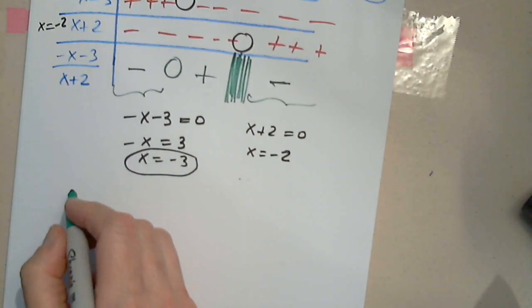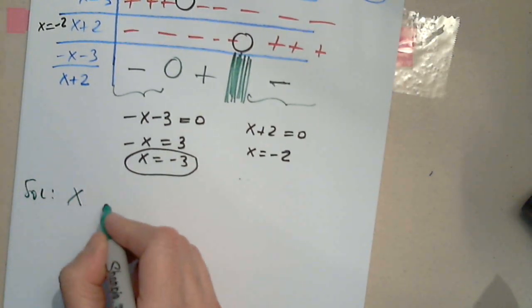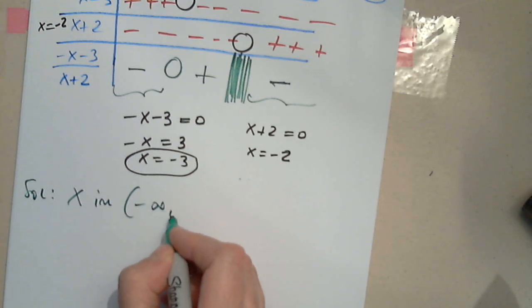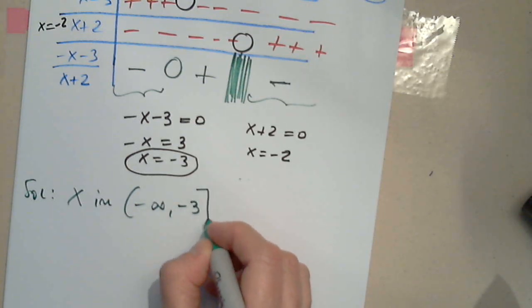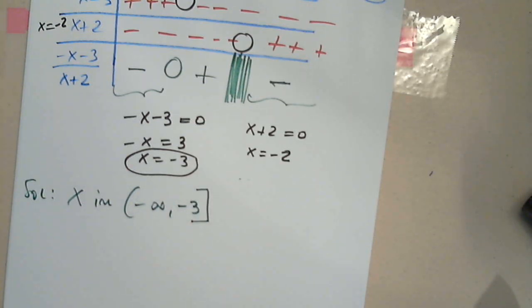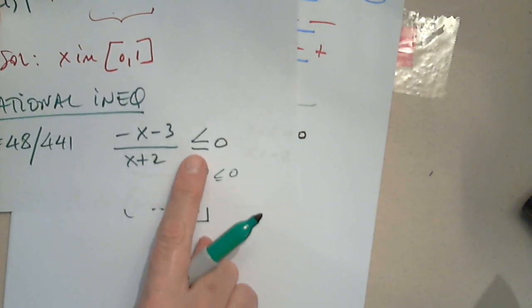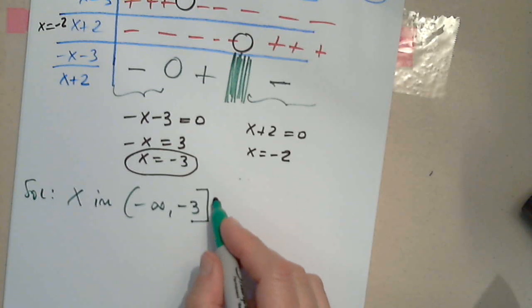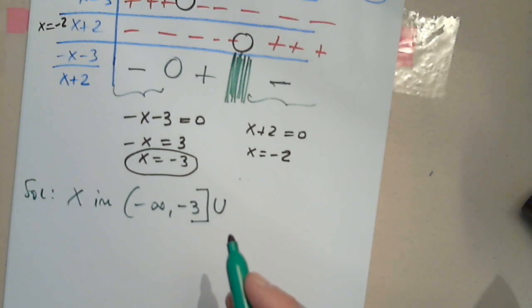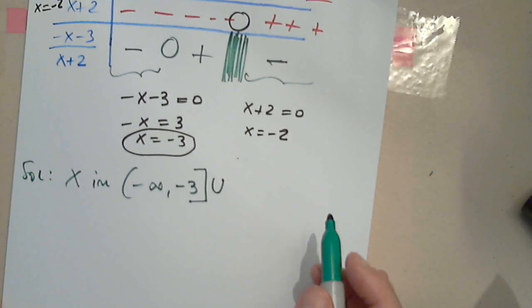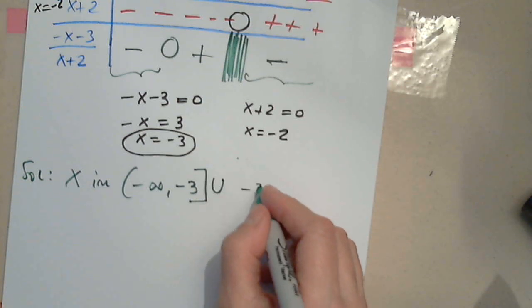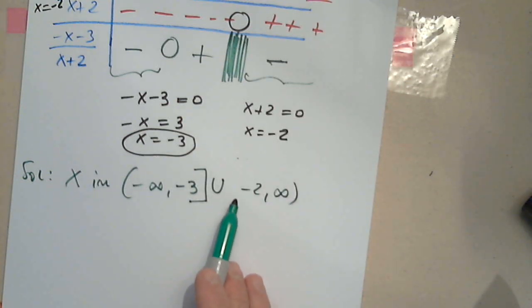So the solution is x in the interval negative infinity to -3, and I use the bracket because the inequality has the equal symbol. Union -2 to infinity, but I need to know what do I use here.